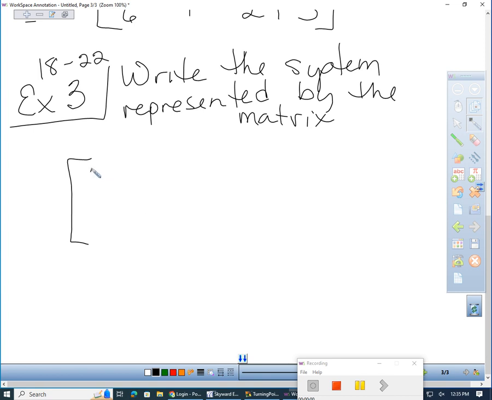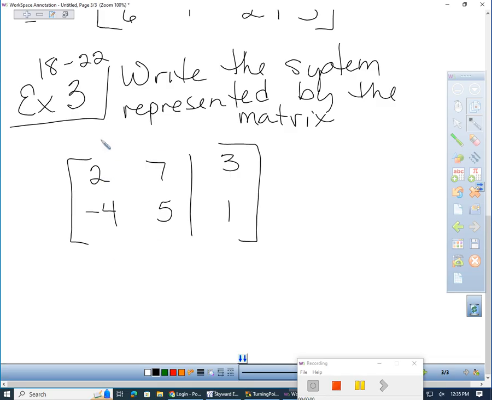Say I have 2, 7, 3, and let's go negative 4, 5, 1. All right. So you know on the right side of where this line is, this book likes to put a line there, represents the equal sign, so to speak.